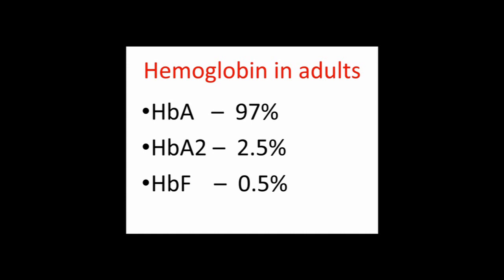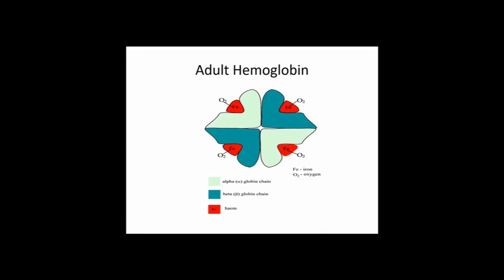The various percentages of the hemoglobin in an adult would be hemoglobin A 97%, hemoglobin A2 2.5% and hemoglobin F 0.5%. The adult hemoglobin has two subunits, alpha 2 and beta 2.